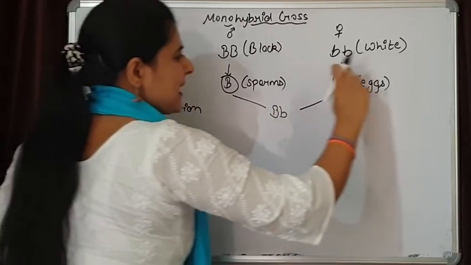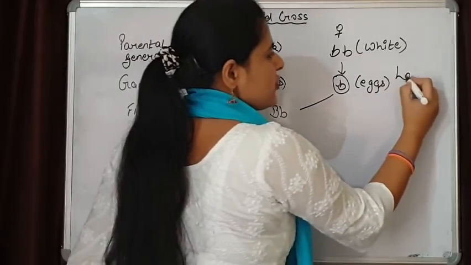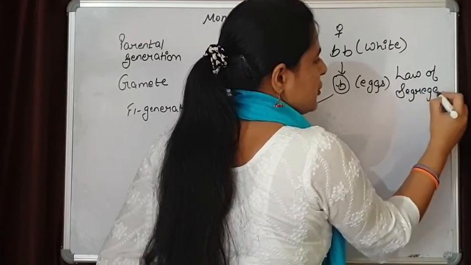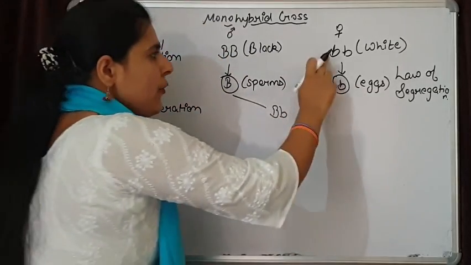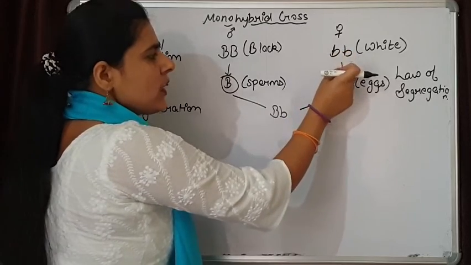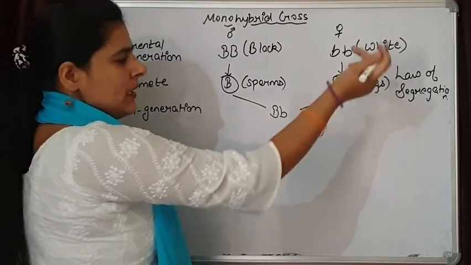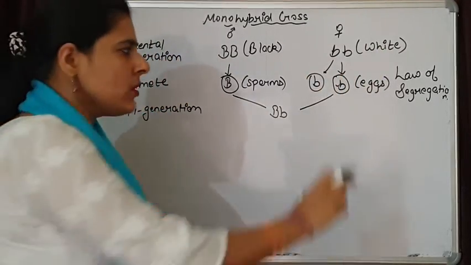Now from this gamete formation step we can understand the law of segregation. This step is showing the law of segregation. And what is happening over here? The factors that are controlling a trait are going to separate at the time of gamete formation. Another gamete is also the same.